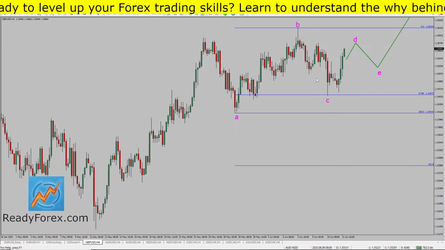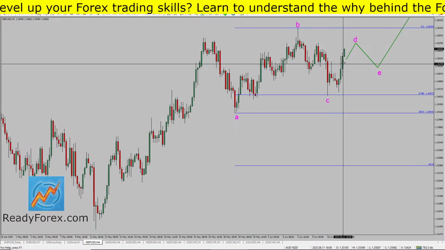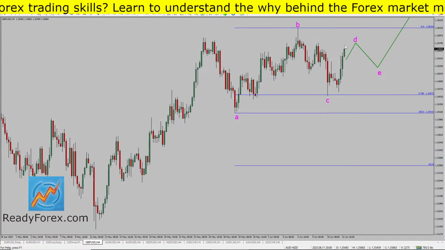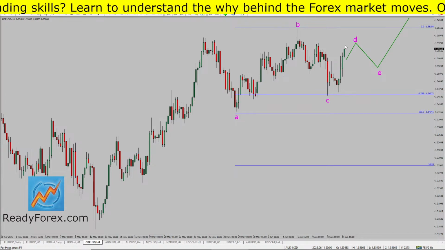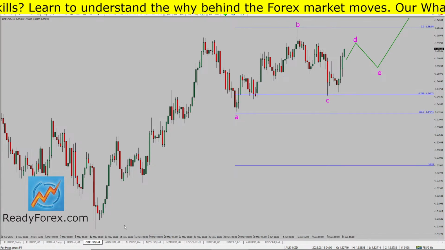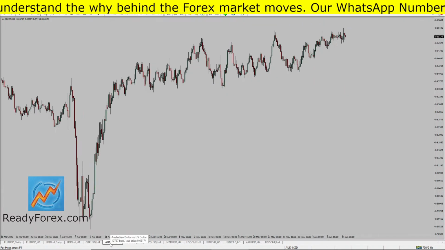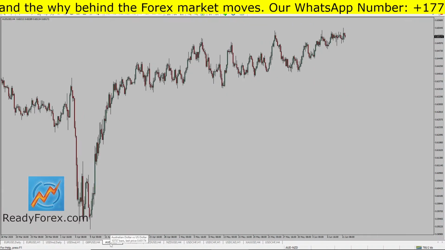And as we speak, price action is going up. So hopefully you guys managed to make some profit and get some benefit out of this forecast.